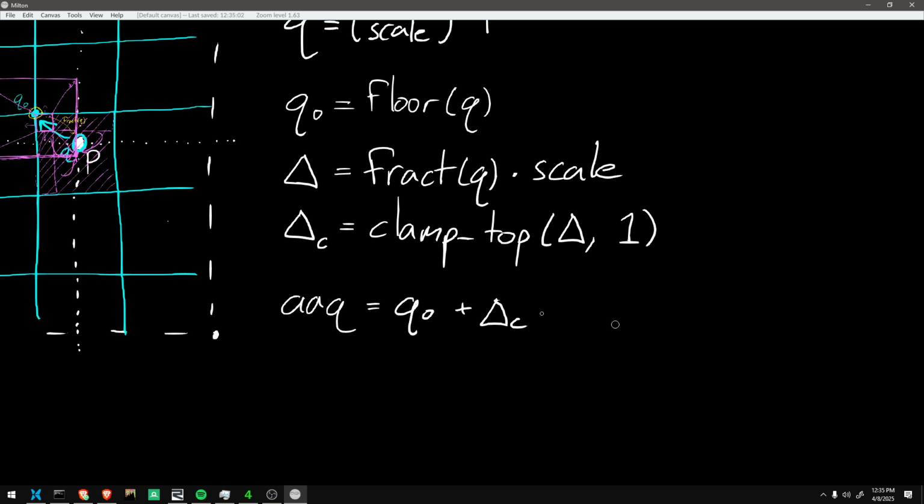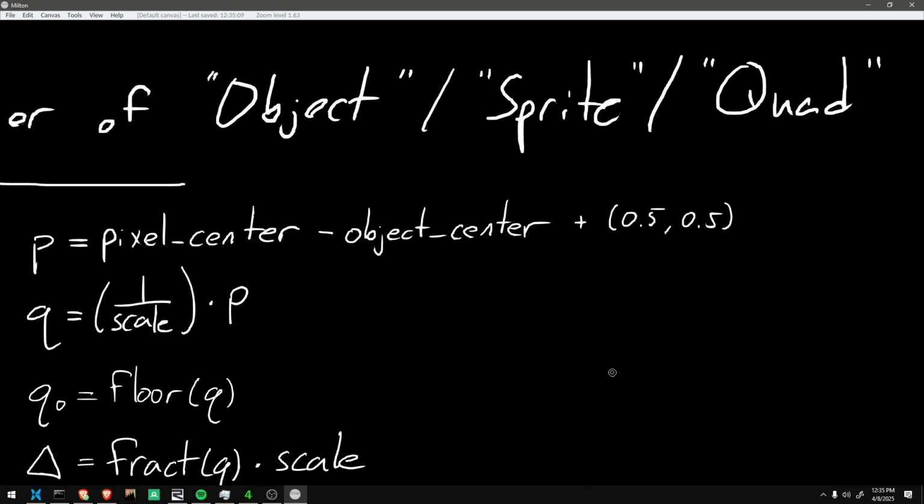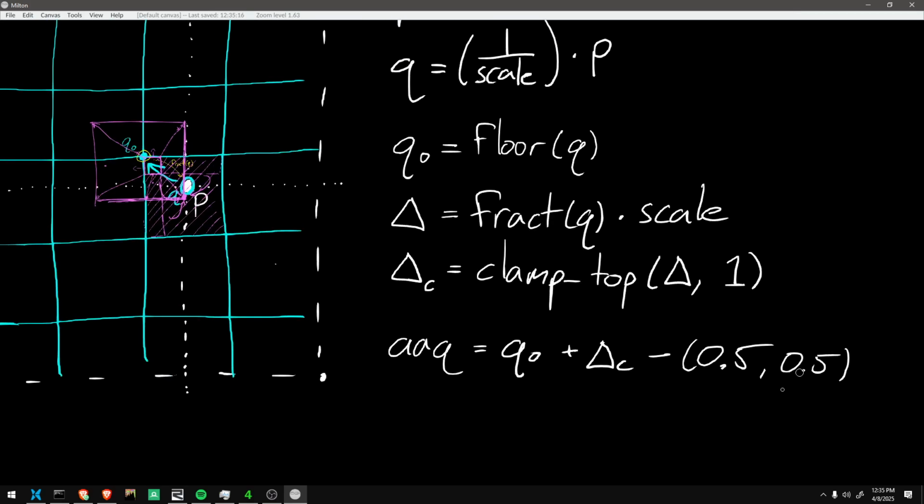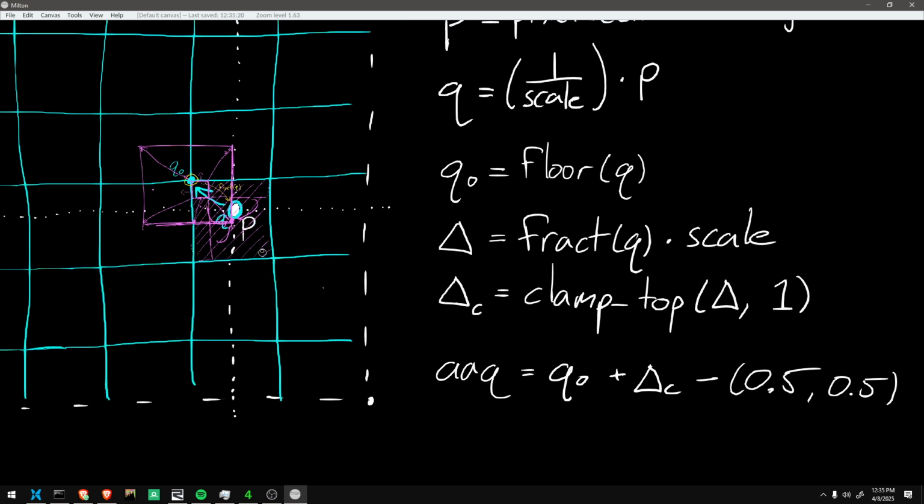So you go minus 0.5, 0.5. So this is not about pixel centers, this is about texel centers. This takes us from the bottom right coordinate of whatever, like this would give us the bottom right corner here when what we wanted was exactly this point. So if we subtract 0.5, it would give us this top left corner when what we would actually want is the exact center of this pixel.